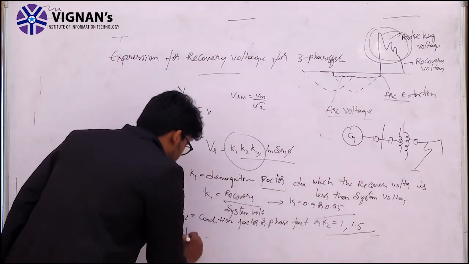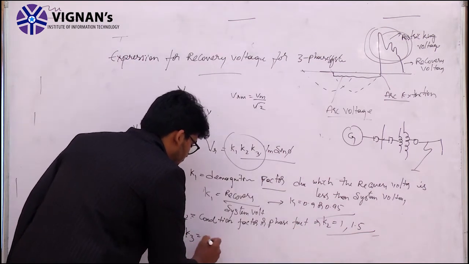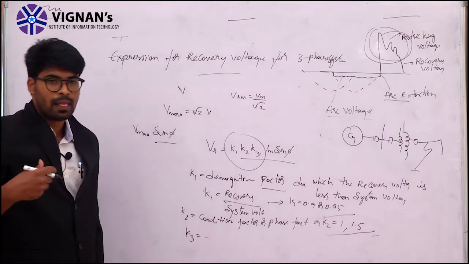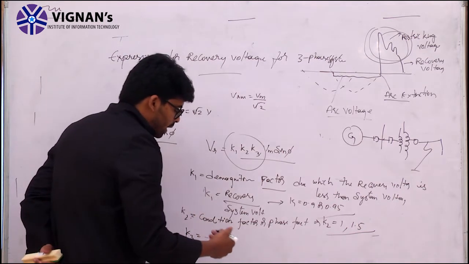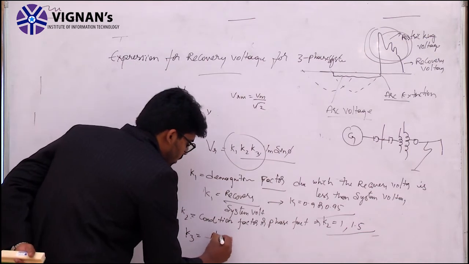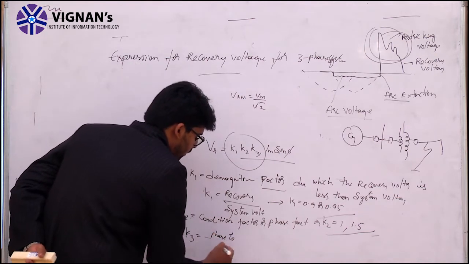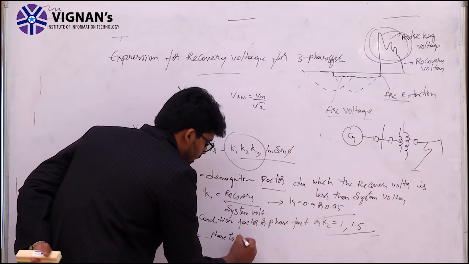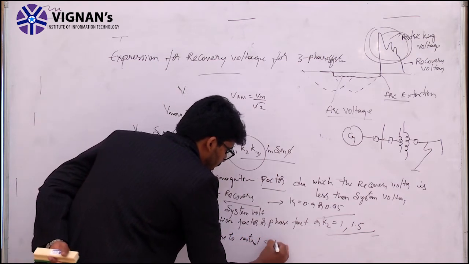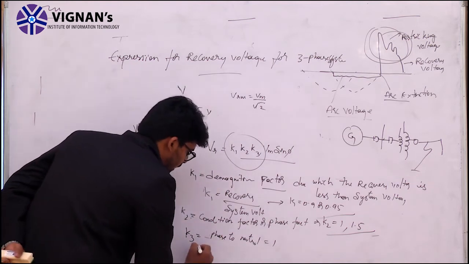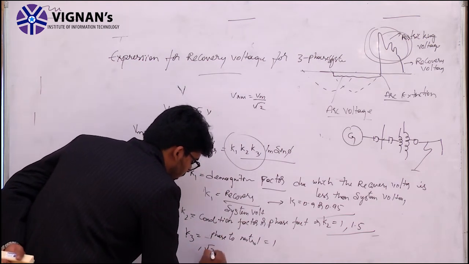And K3 is another constant, used when you want to find the recovery voltage in phase to neutral. In single phase we take it as 1. If you take three phase, we take it as root 3.